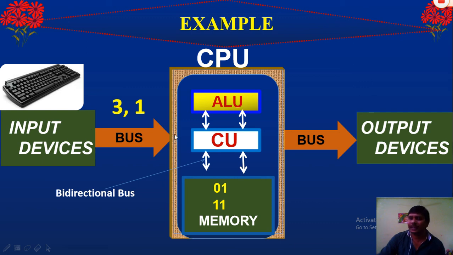Using the keyboard, I have given 3, 1 as my input to the CPU by using the bus. Keyboard is one of the input devices, out of the 15 input devices I have already explained. Here, what do you mean by bus?